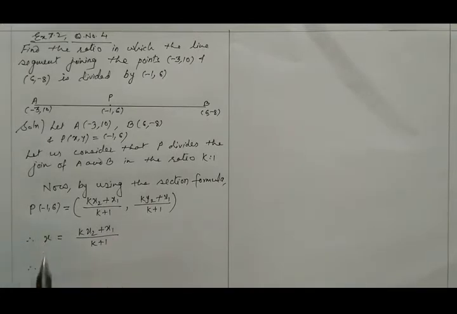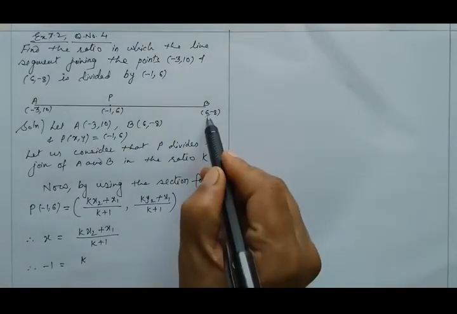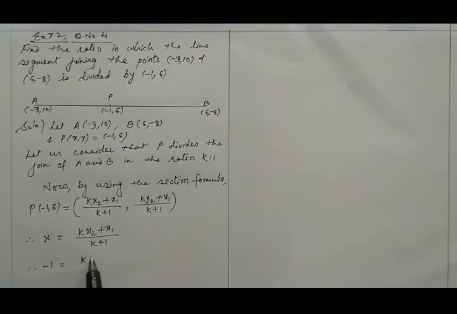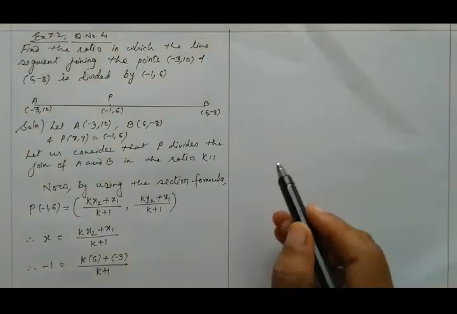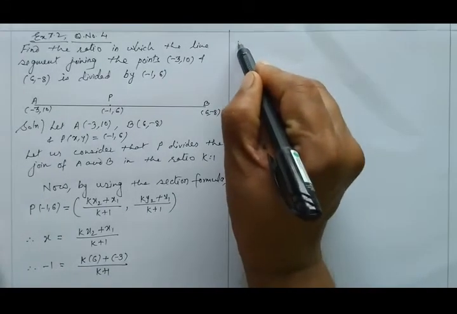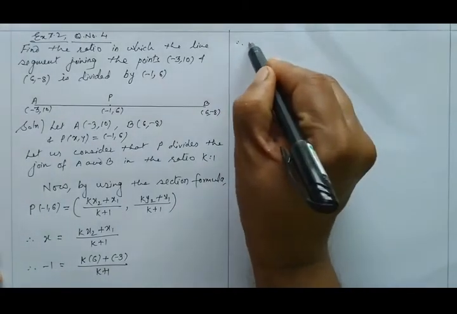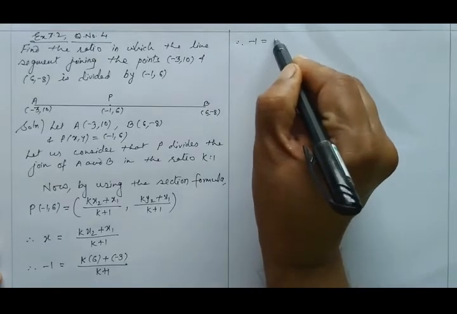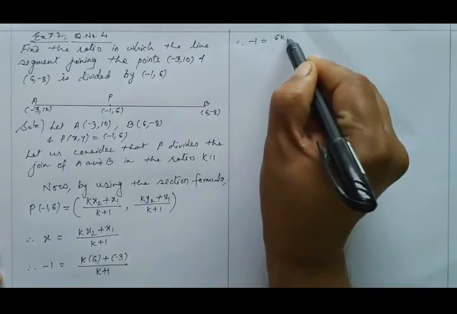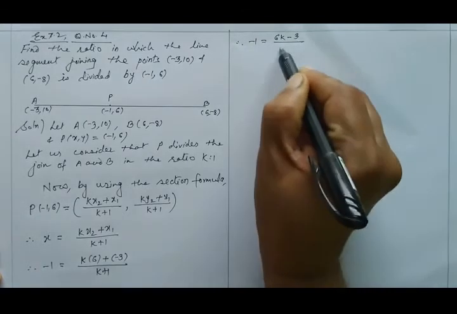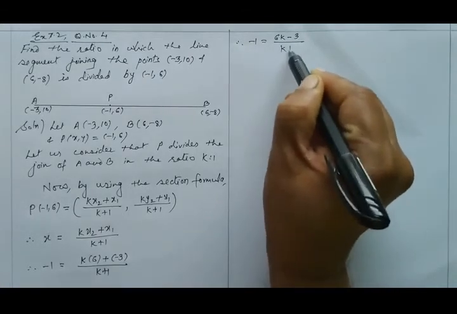So therefore x is minus 1, k, this is x2, x2 is 6, plus x1 is minus 3 upon k plus 1. Okay, so therefore minus 1 is equal to 6k minus 3 upon k plus 1.